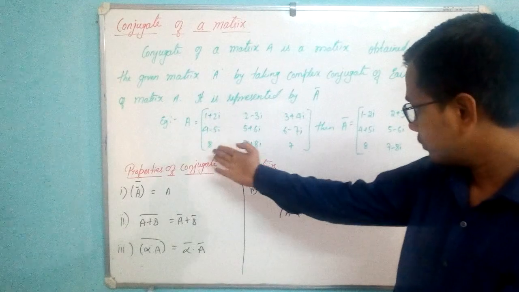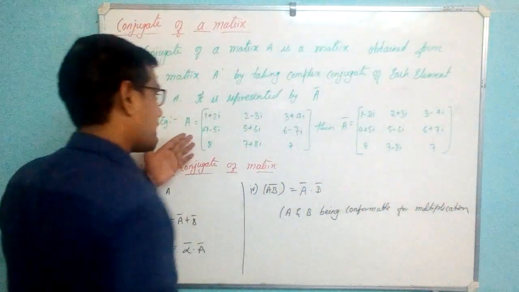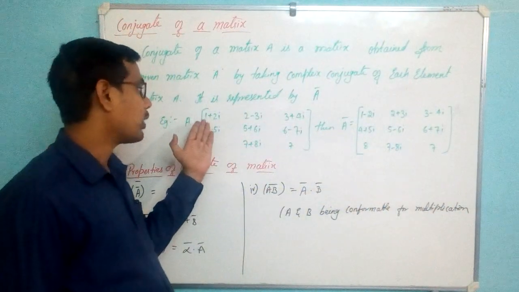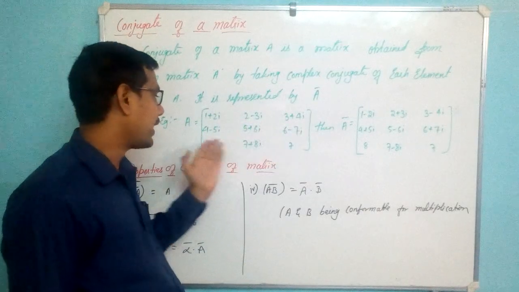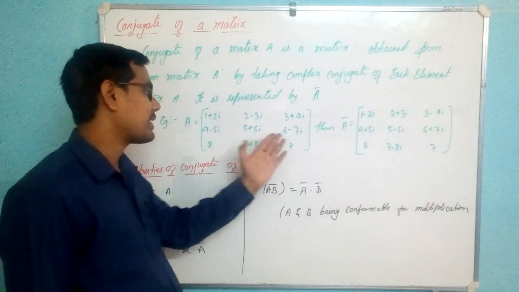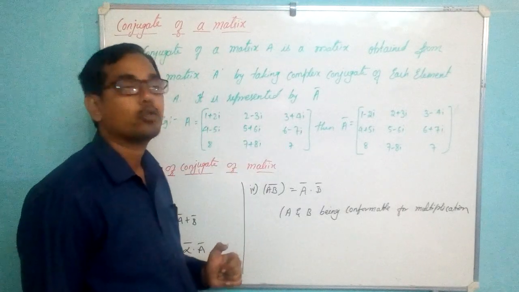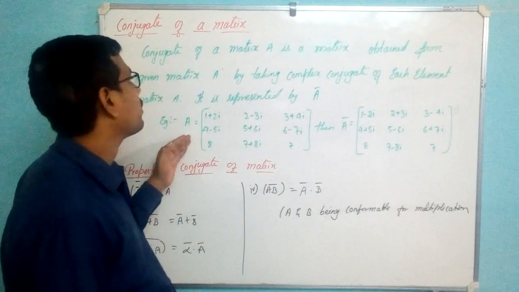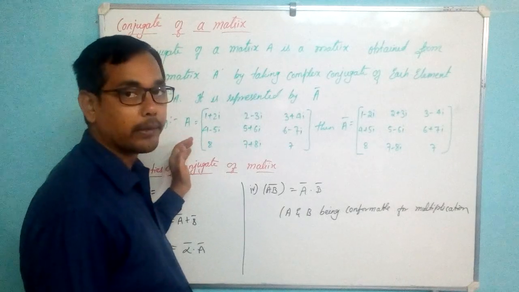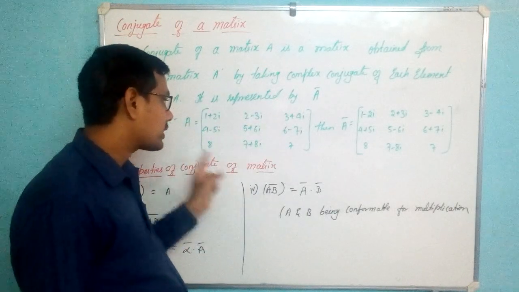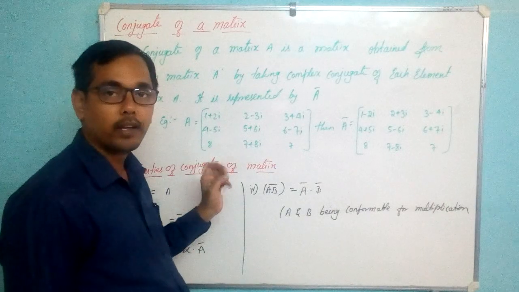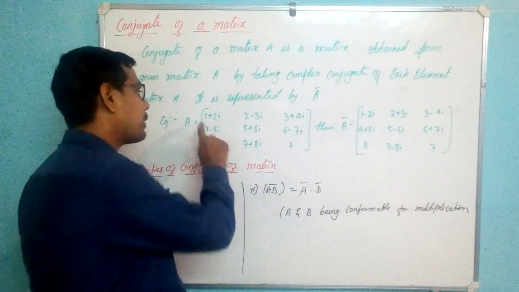So if A is given by this matrix, consider this 3x3 matrix: 1 plus 2i, 2 minus 3i, 3 plus 4i, 4 minus 5i, 5 plus 6i, 6 minus 7i, 8, 7 plus 8i, and 7. If I want to get the conjugate of this particular matrix, then I have to convert all of these into their equivalent complex conjugates. 1 plus 2i is there.